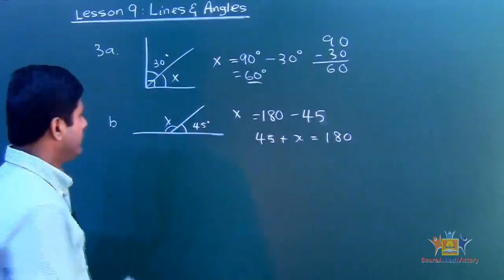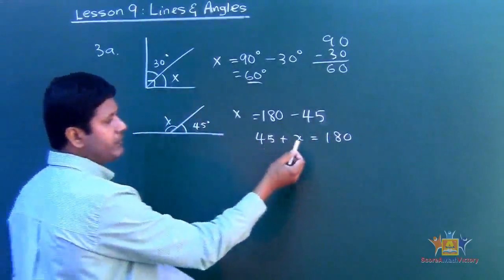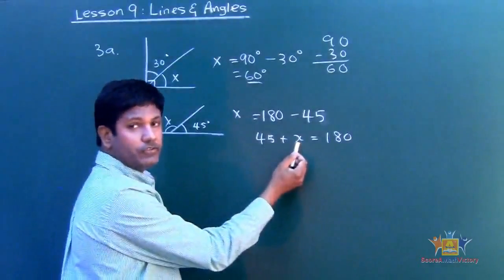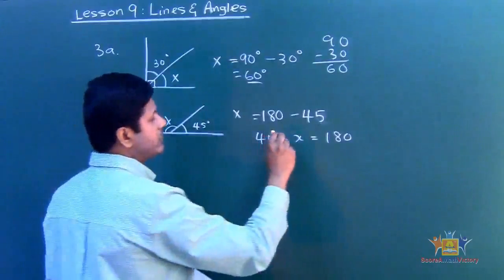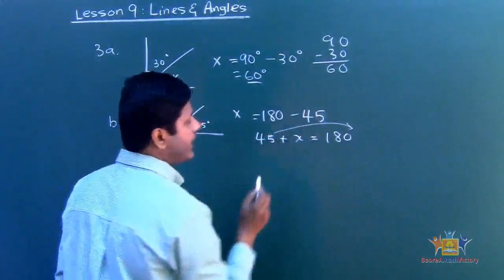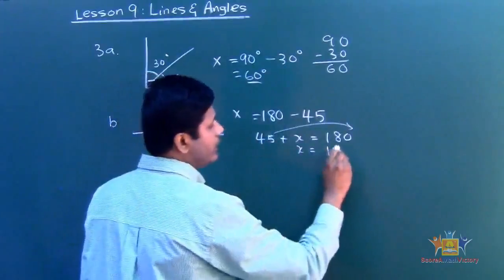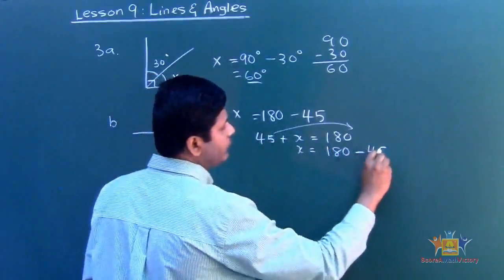See that? Because this is a straight line, and you're looking for x. And from Max's first law, what does it tell you? Addition crossing the bridge will become subtraction. So I'm going to bring 45 across because I'm looking for x. So x equals 180 minus 45.